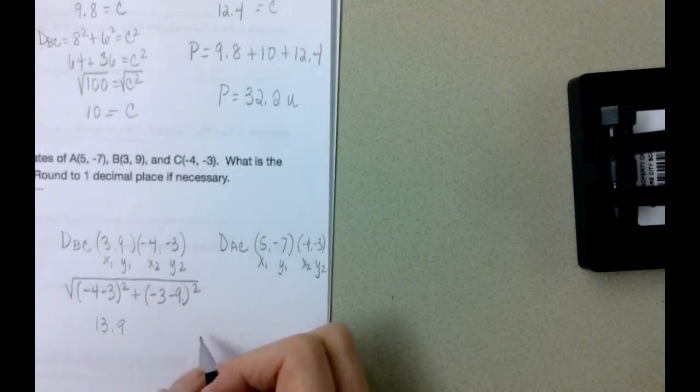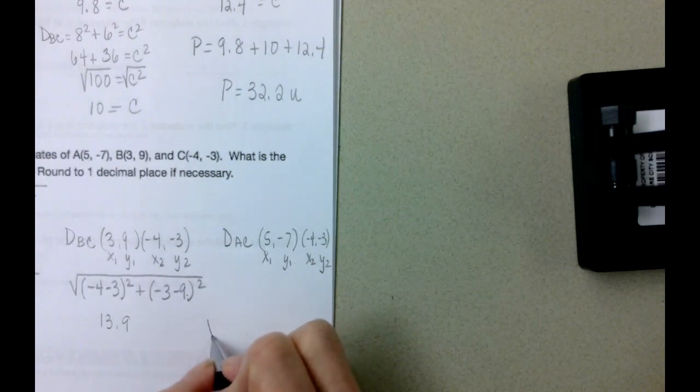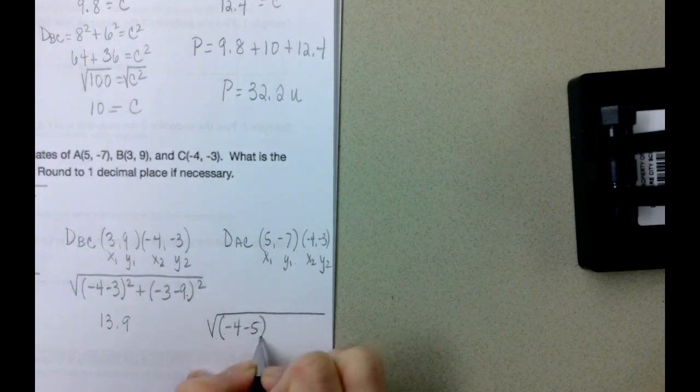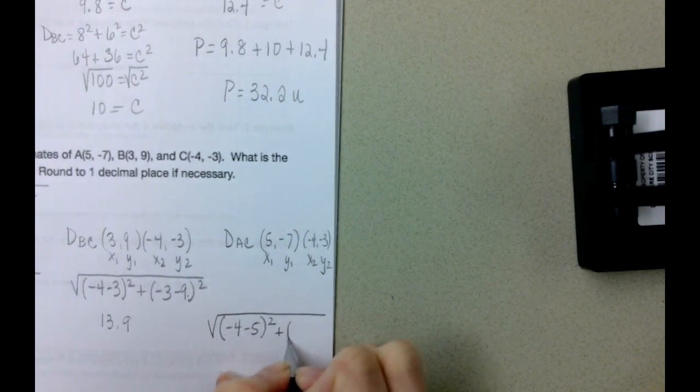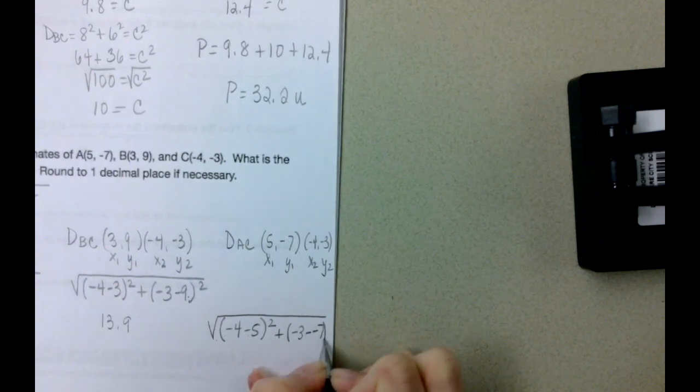And I'm going to write a little bit lower here to give me a little bit more space. But it's going to be -4 minus 5 squared plus -3 minus a -7 squared.